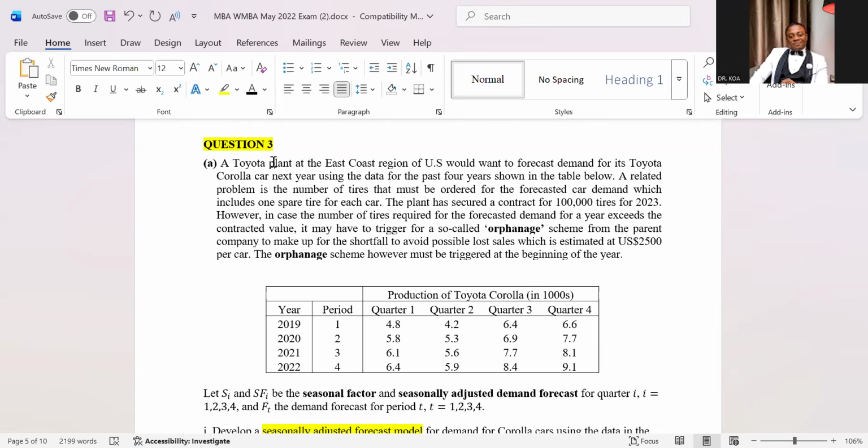Whatever money you had intended to use for an orphanage or something, you have to go and take that money and use it to beef up this. The orphanage scheme must be triggered at the beginning of the year, not at the end of the year, which is the interesting part.